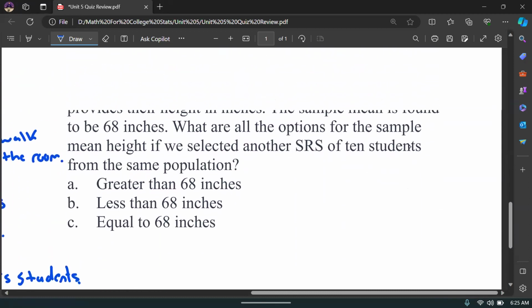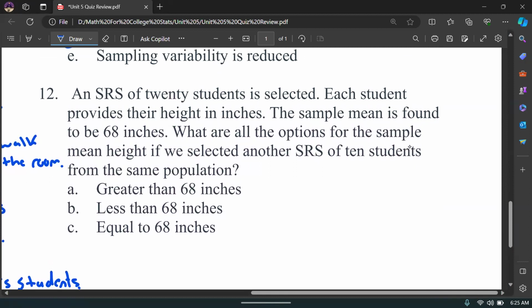And then finally, an SRS of 20 students is selected. Each provides their height in inches. The sample mean is found to be 68 inches. What are all the options for the sample mean height if we select another simple random sample of 10 students from the same population? Basically we have a sample, and that sample average was 68.